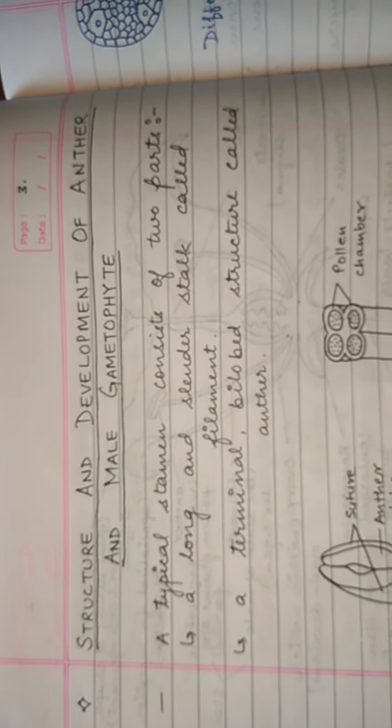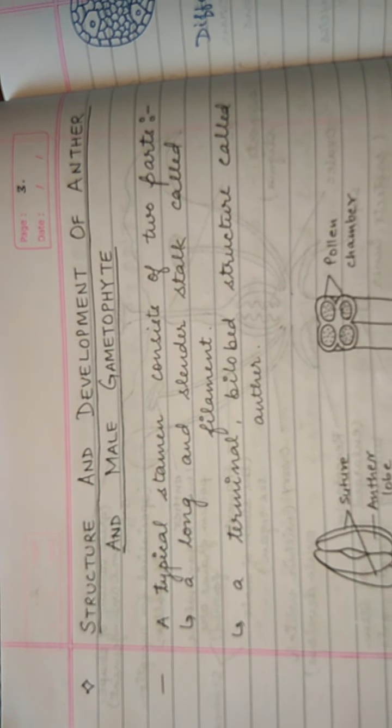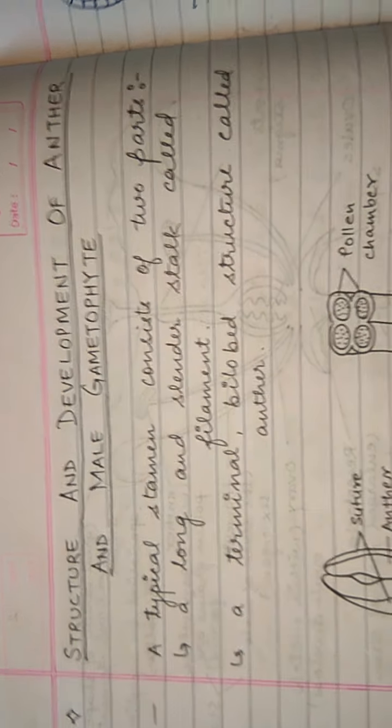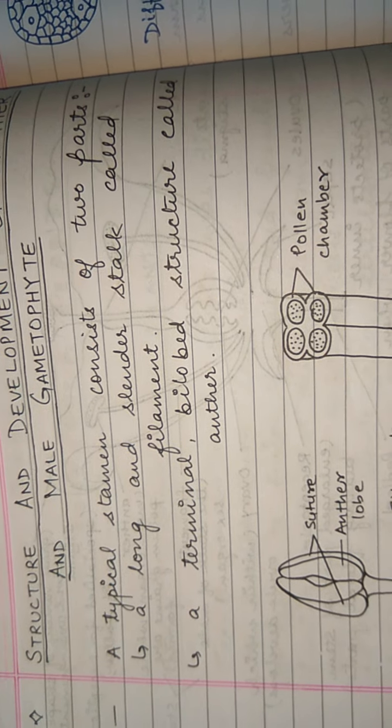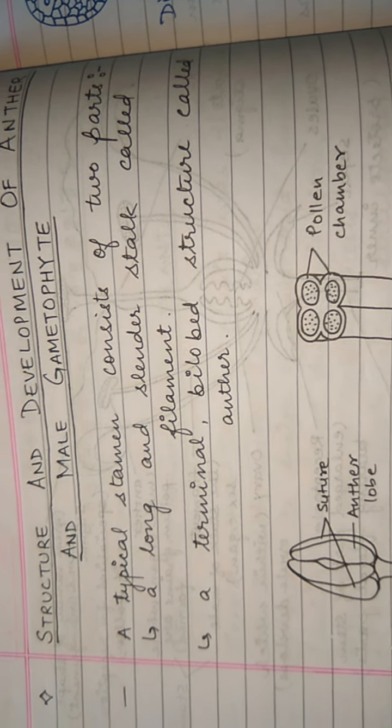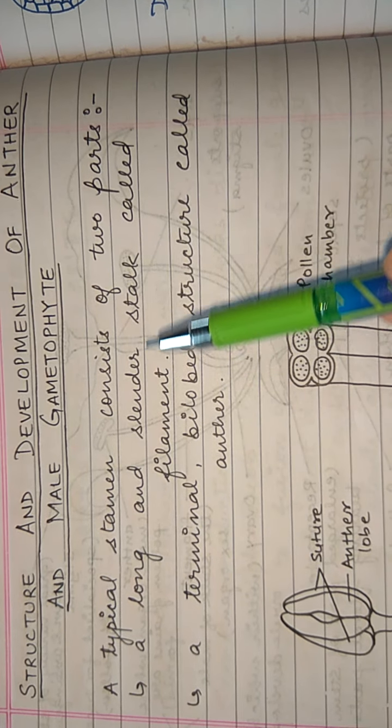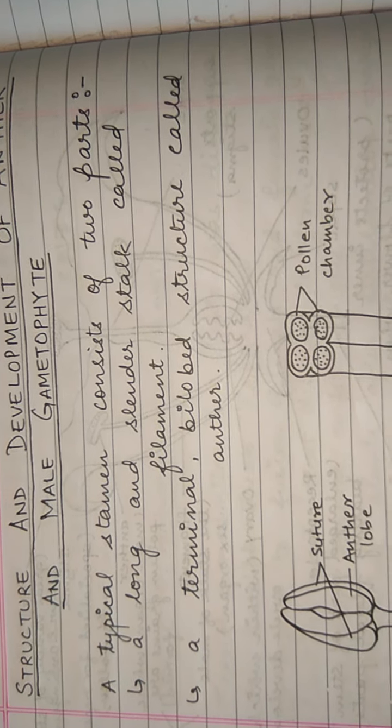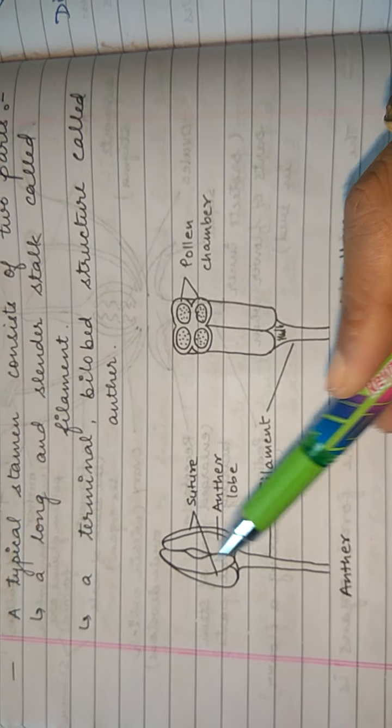Now, first of all, we have to study the structure and development of the anther and male gametophyte. The stamen consists of two parts, a long and slender stalk called the filament. This is the filament.